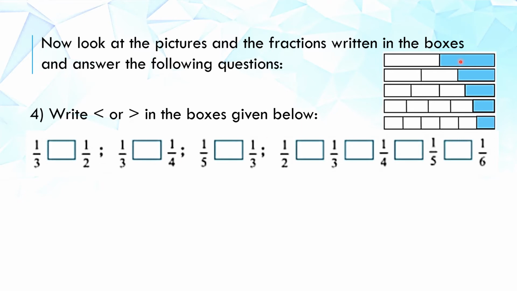So we have to find out whether 1/2 is bigger or 1/3 is bigger. In which strip we get the larger area of shaded part, that is 1/2. So 1/3 is smaller than 1/2.